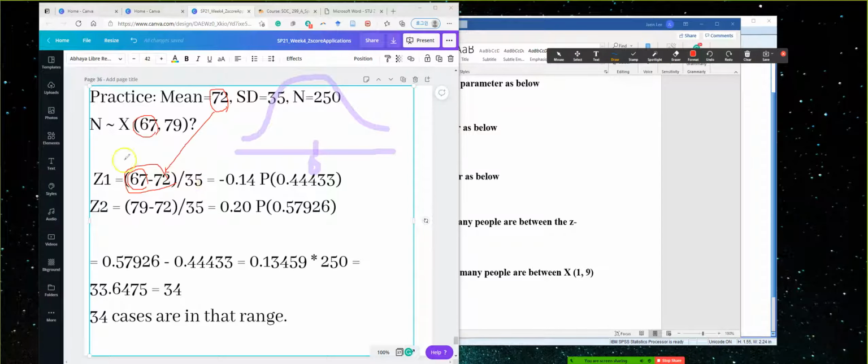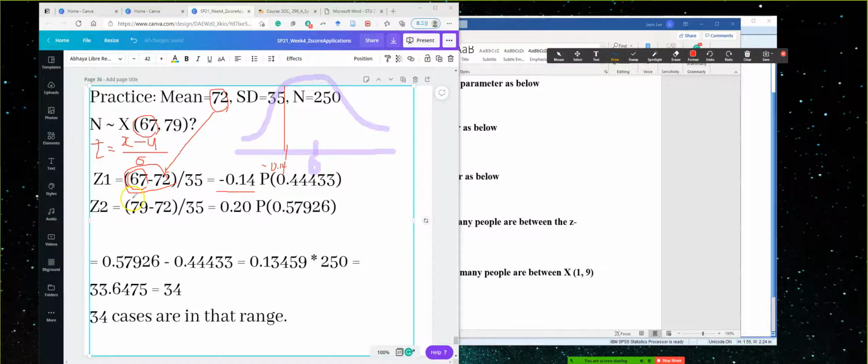That's the equation of the z, right? Z score is x minus mu divided by the standard deviation. So after the calculation, maybe you can use Excel or hand calculation, whatever, that is negative 0.14. So somewhere here, negative 0.14. Okay, so we found it here.